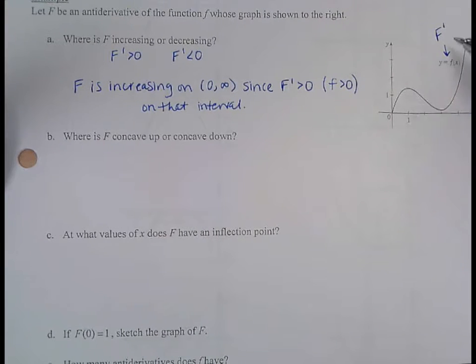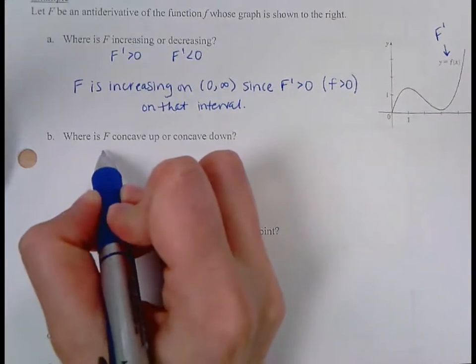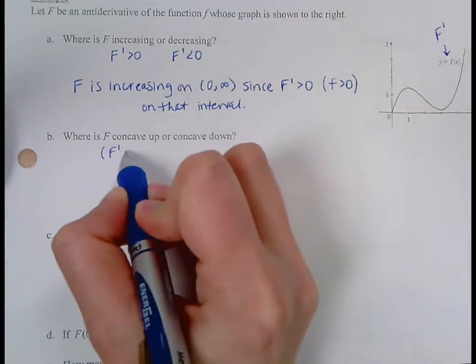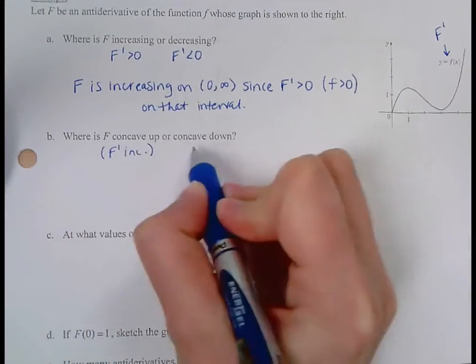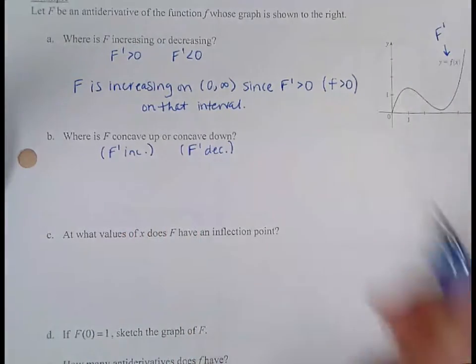Yes, and when capital F prime or lowercase f, when it's increasing, the slopes would be positive, yes. So it is what both of you are saying, a combination. So capital F is going to be concave up. This is when the derivative, capital F prime, is increasing. And it's concave down if capital F prime is decreasing.